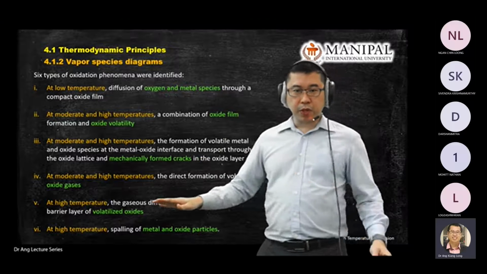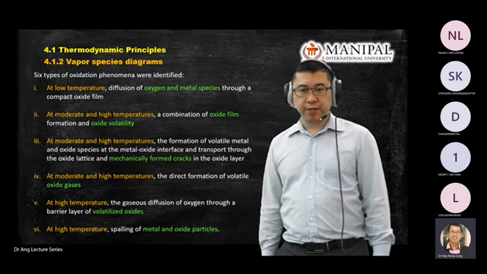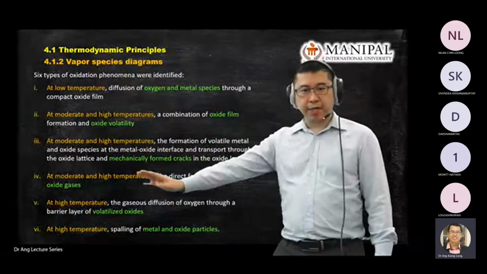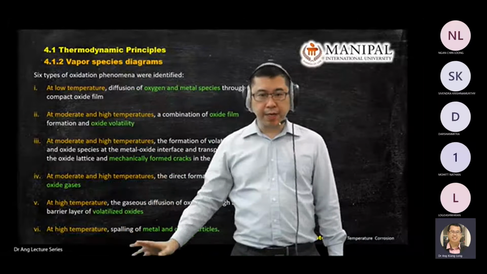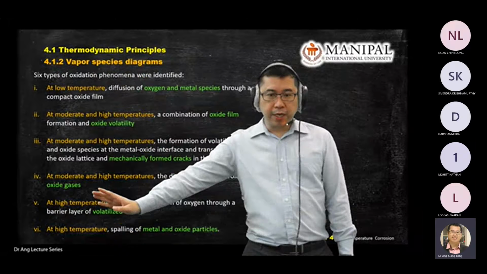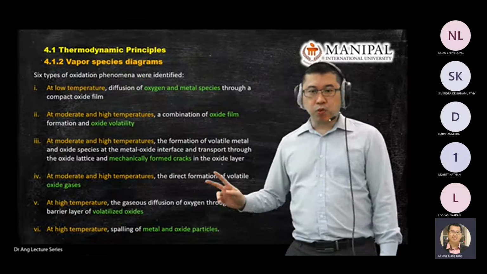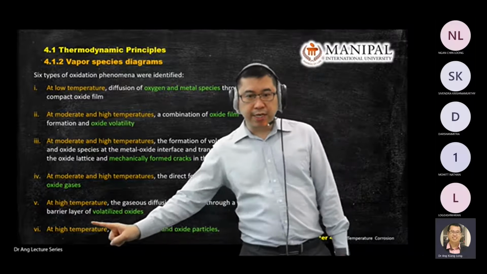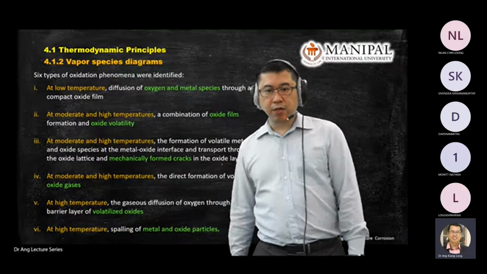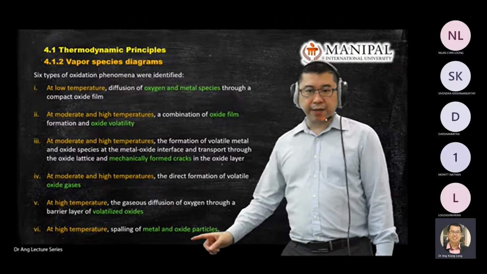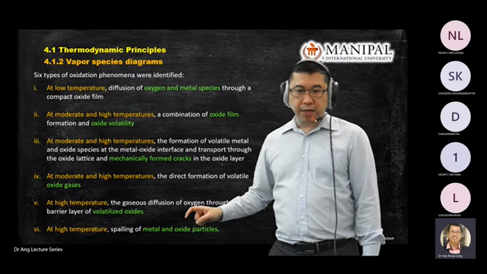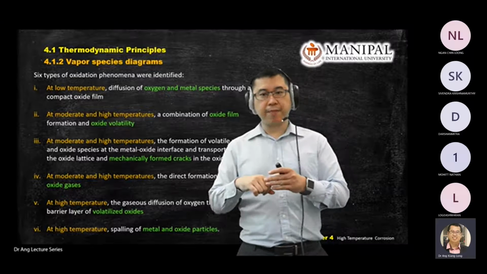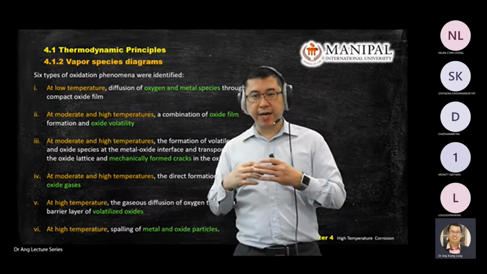Okay, then we go to high temperature first, because the moderate one is in the middle, right? So we go for low temperature and what happens at high temperature. When you have high temperature, there are two phenomena you can observe. One is that something happens to the oxide, and your metal oxide will be destroyed at a very high temperature.